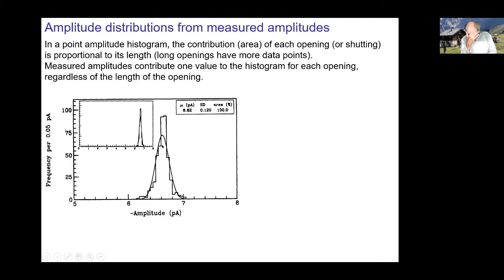You can actually work out the theoretical distribution of these measured amplitudes. It's done in the Colquhoun and Sigworth chapter, but I don't know of anybody who's actually used that distribution to fit. It's not generally necessary. It's rather complicated.